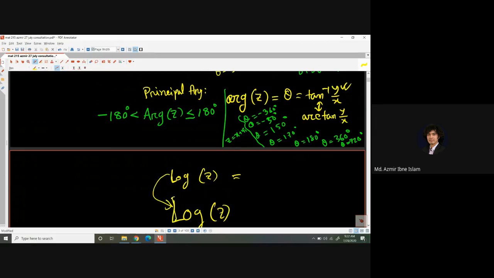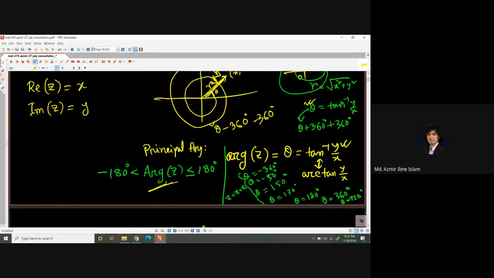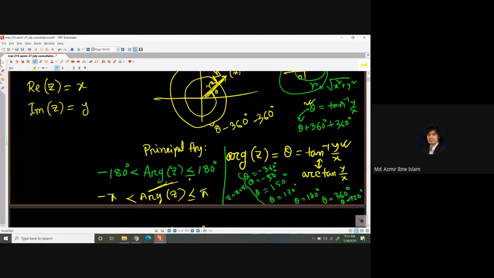Since here we have capital L, that must be coming from this one, because here we have capital A R G. This notation is widely used in our reference books just to show that the small argument and this capital A argument are not the same. But the concept is the principal argument must be in between negative 180 degree, let's say in radian negative pi, to positive pi or equal to pi.